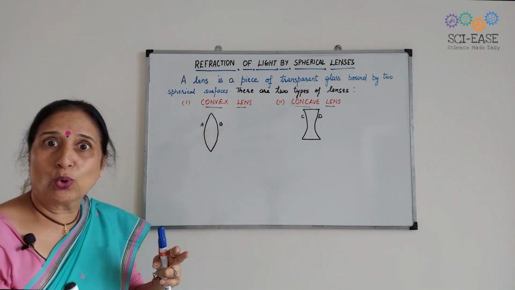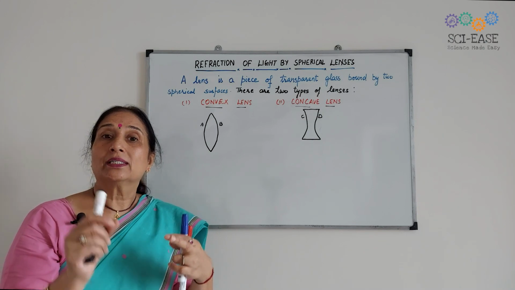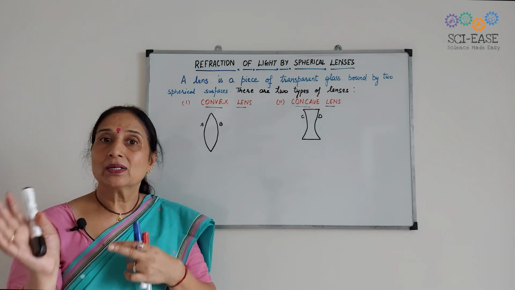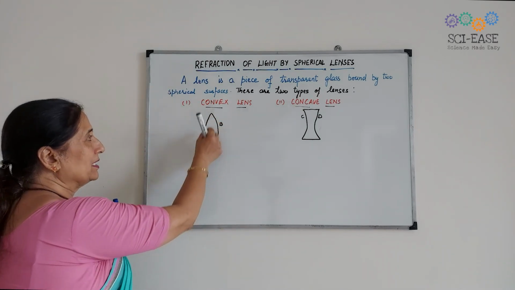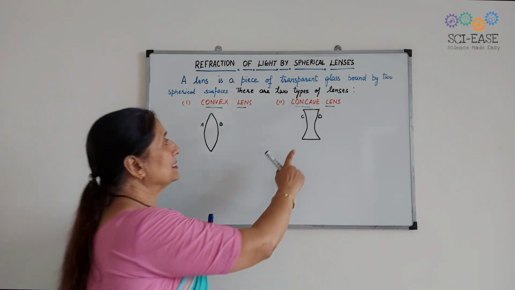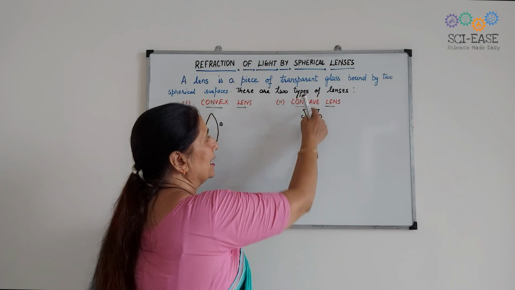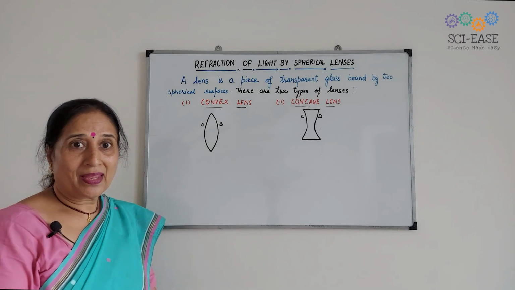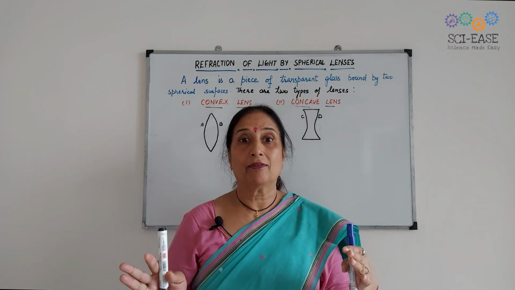You must know them, and then only you can draw the images formed by the convex lens and the concave lens. So, a convex lens is thicker at the middle and it tapers towards the ends, and a concave lens is thinner in the middle and thicker at the two ends. So this thing is clear to all of you.